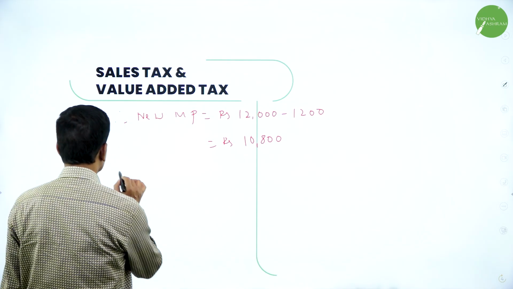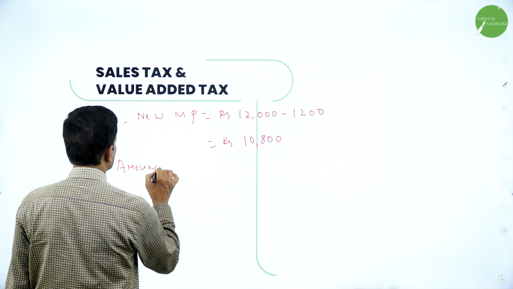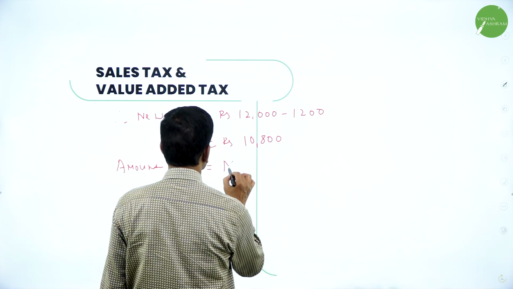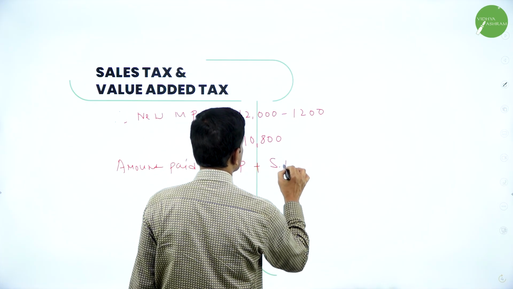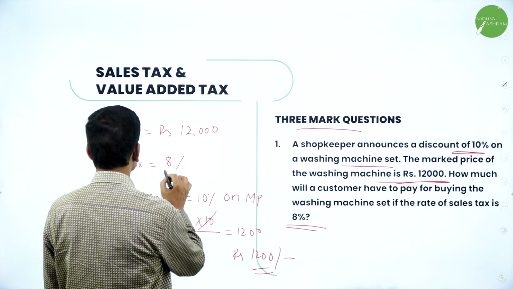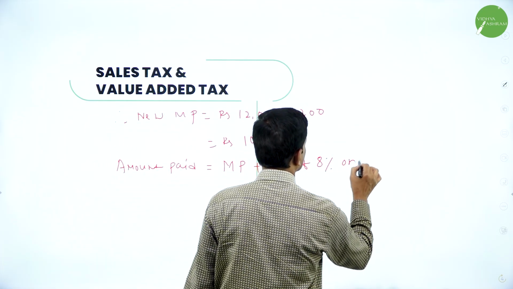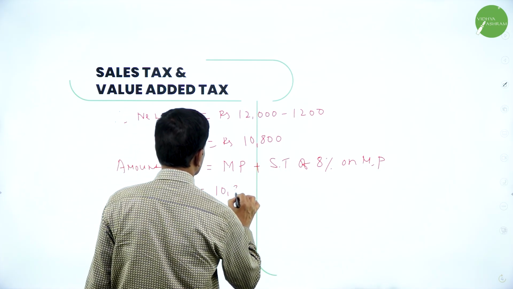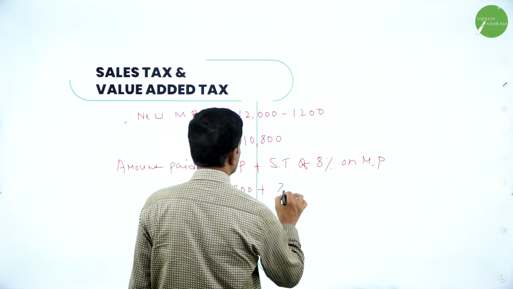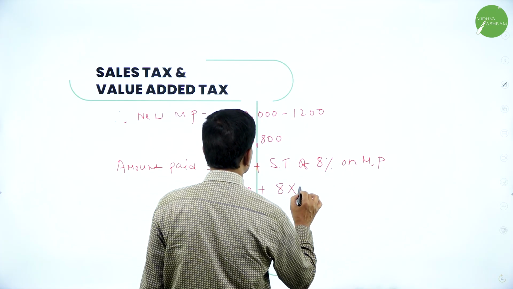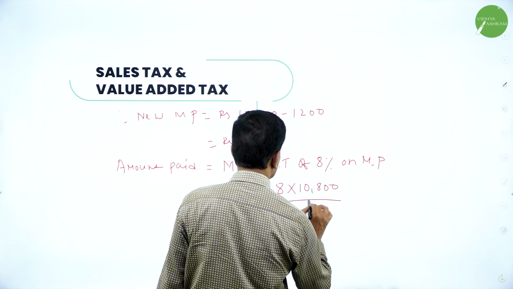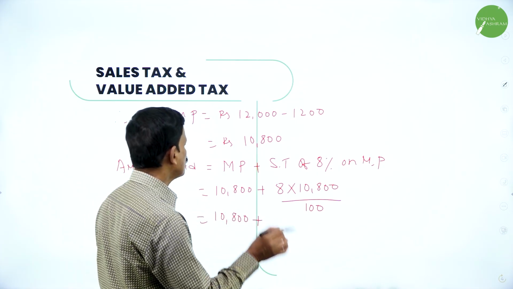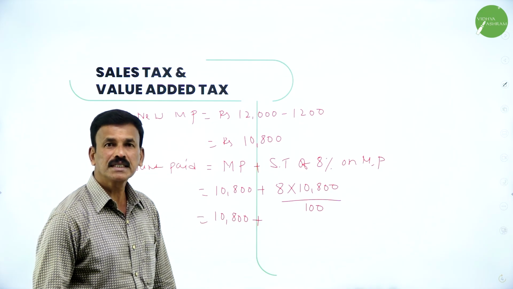Now what is the amount the customer has to pay? Amount paid is equal to MP plus sales tax. What is the sales tax? 8% on the new market price. So that is equal to 10,800 plus 8% of 10,800, that is 8 into 10,800 divided by 100, which is 864.